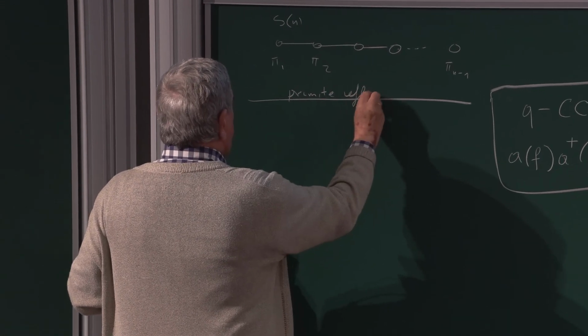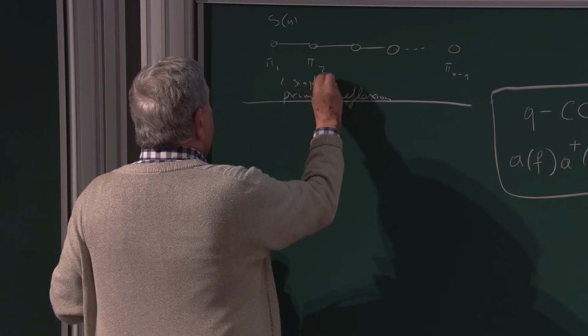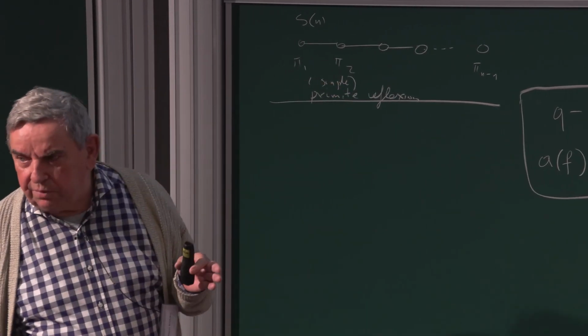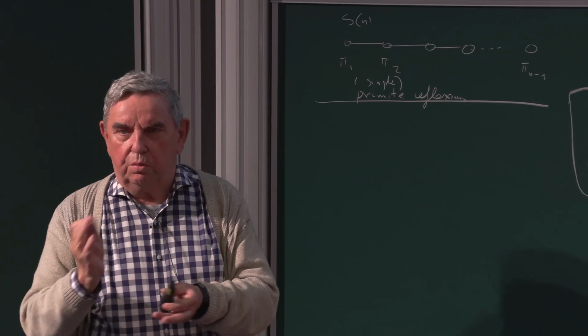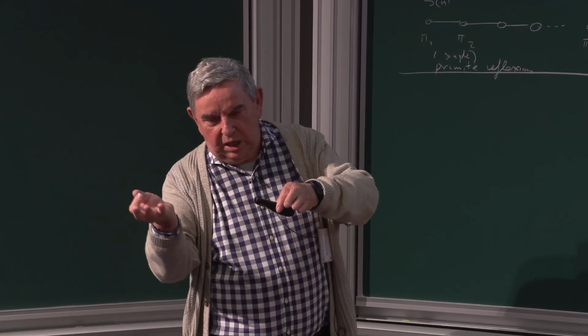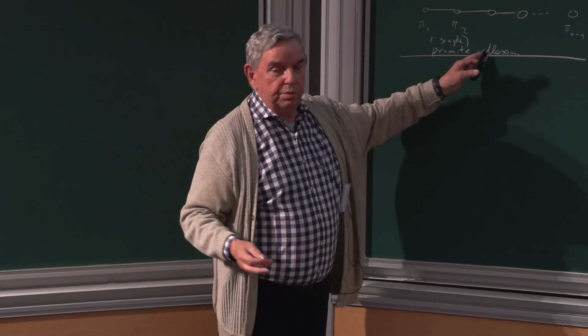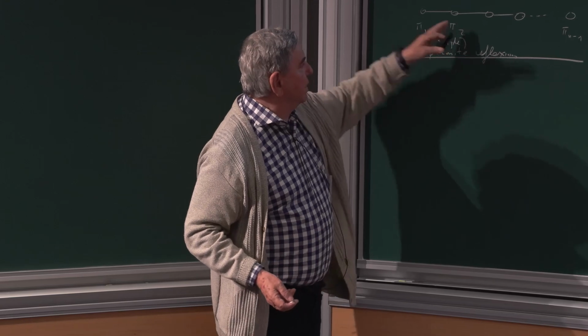The primitive or simple reflections are connected with the Lie group and the root system, of course, because all reflections are reflections with respect to hyperplanes orthogonal to roots. If you take only simple roots, we obtain the primitive ones.